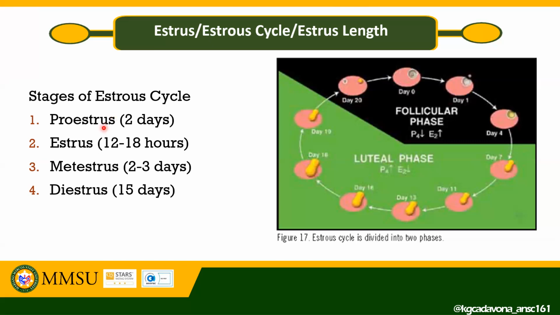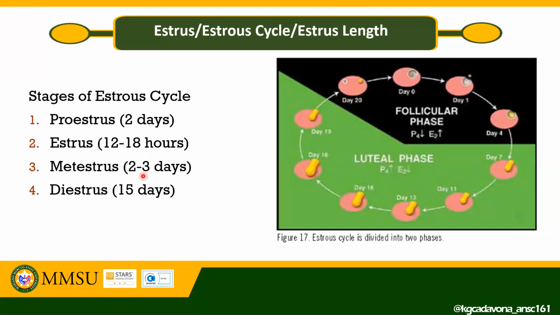Then pag estrus naman, as what I have said kanina, this is the period of sexual receptivity of the female animal, which is under the influence of estrogen, which acts as the primary hormone. That is for 12 to 18 hours on average.